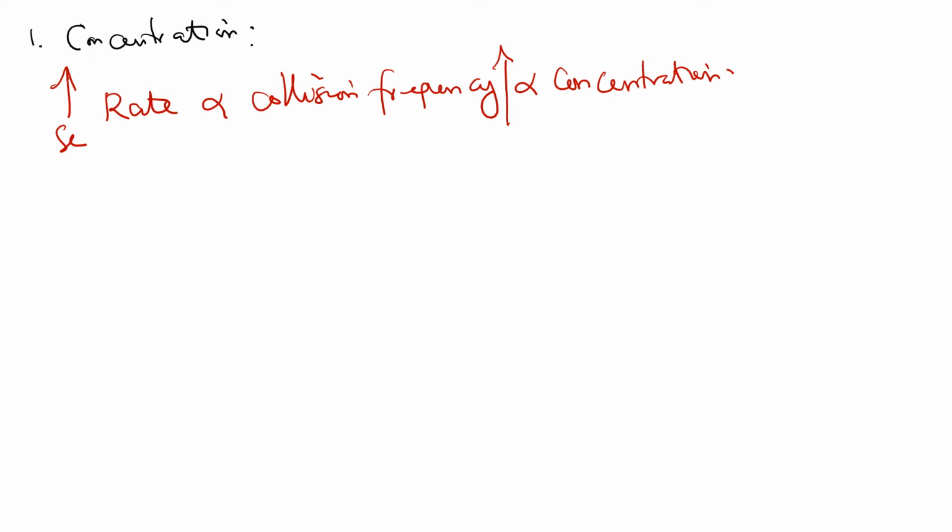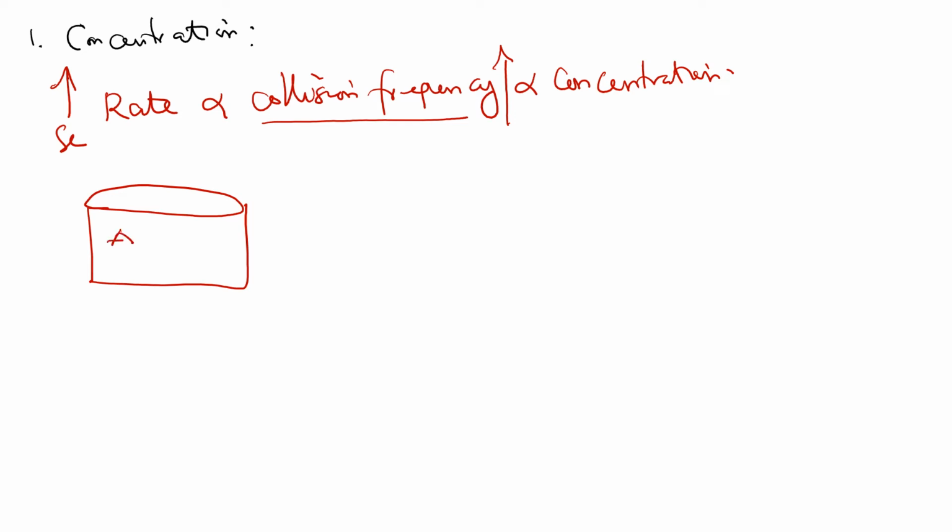So you need to increase the collision between reactants if your aim is to make products. And how is that related to concentration? So let's see. If I have a reaction vessel, let's say a cylinder that I'm going to do my reaction in.